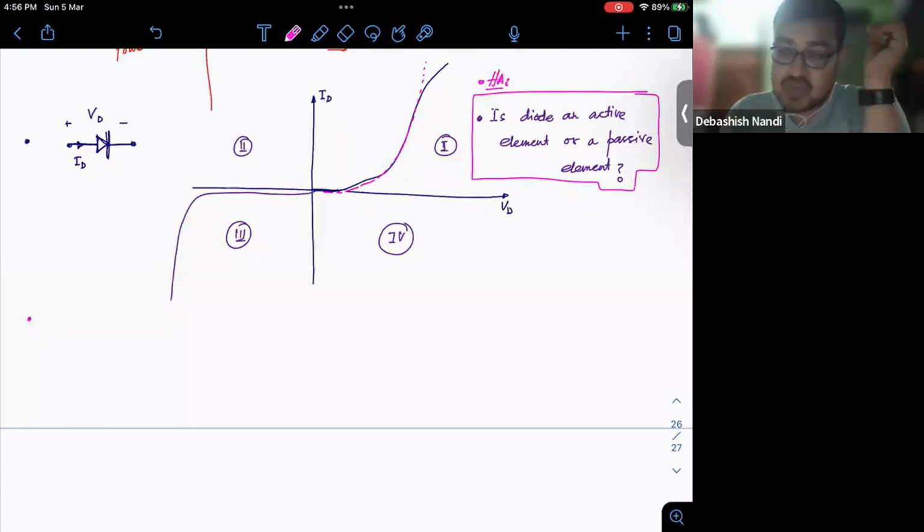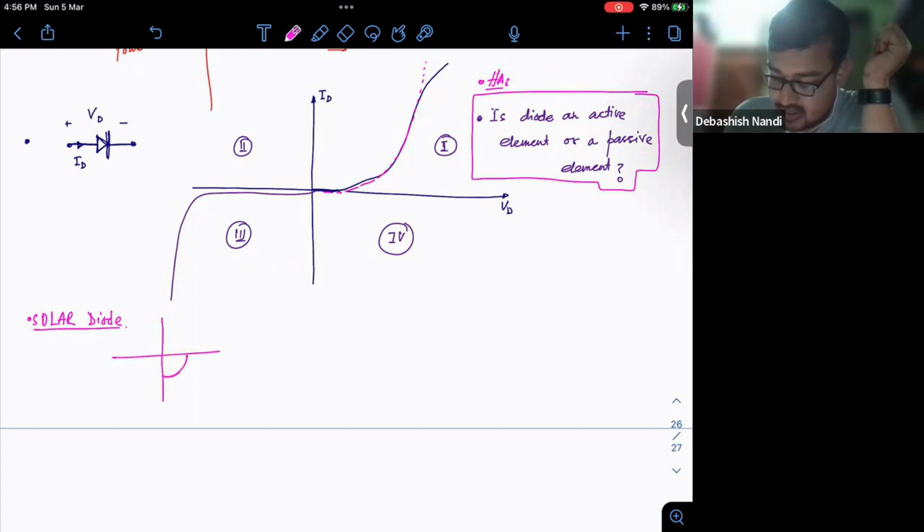Another thing, if you see the solar diode curve, right? It has certain portion in the fourth quadrant. It's a hint for you to answer this question.